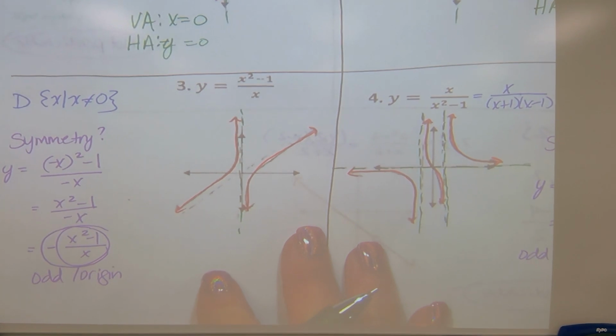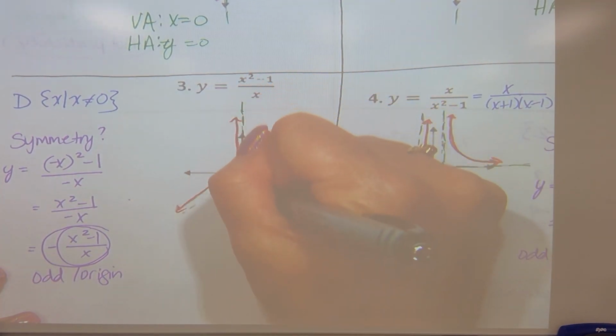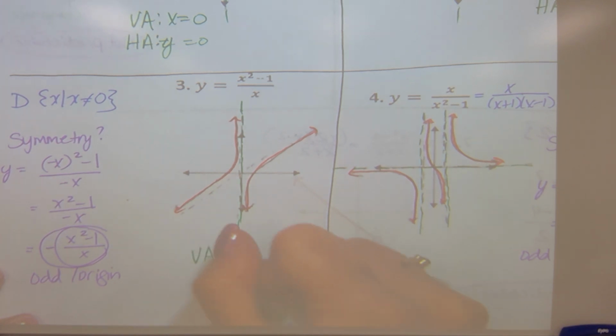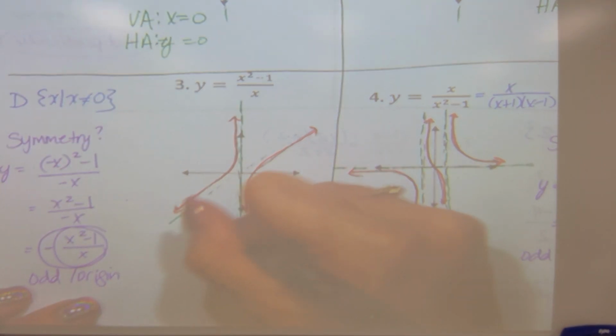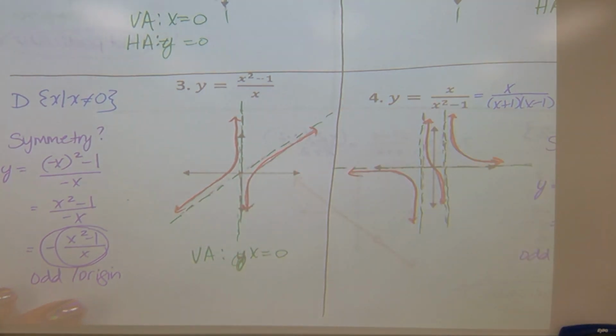This function's different. It has a vertical asymptote on the y-axis, so my vertical asymptote is x equals 0, but it doesn't have a horizontal asymptote. It has what we call a slant asymptote. Now we're going to talk about why that happens.